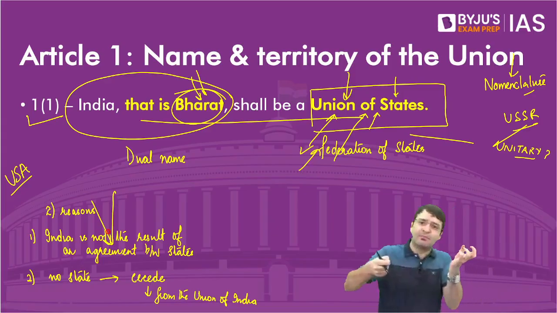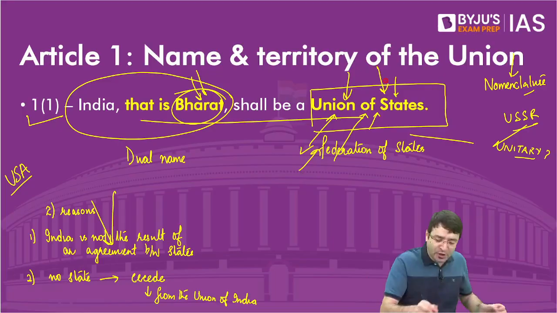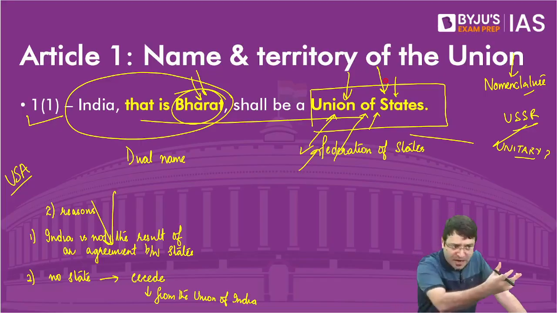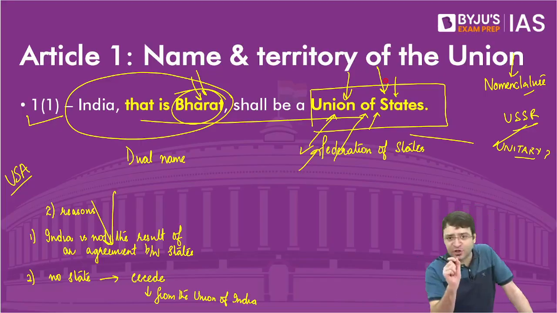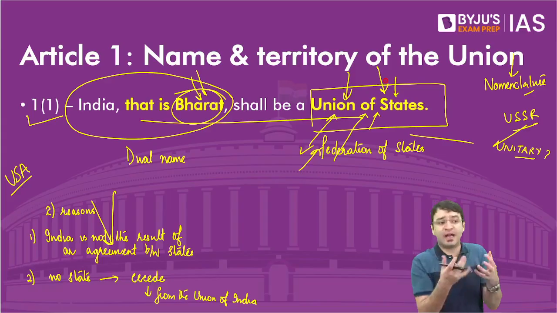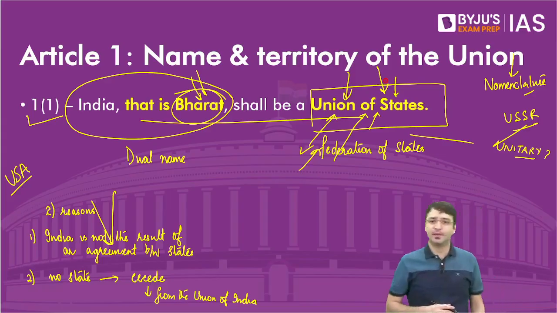Now I want to come back. If I have used the term Union of States, that means no state has the right to come out of the Union of India. If I would have used the term Federation of States, that means at any point in time, a state could have said, I want to come out of this federation, which we cannot allow.